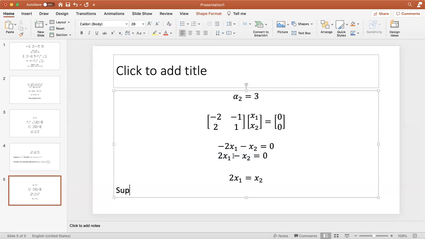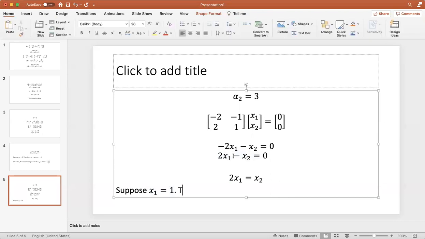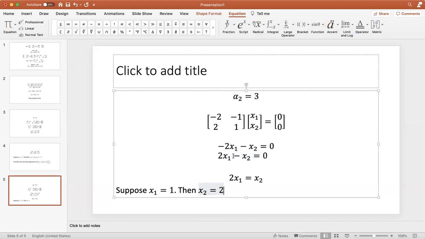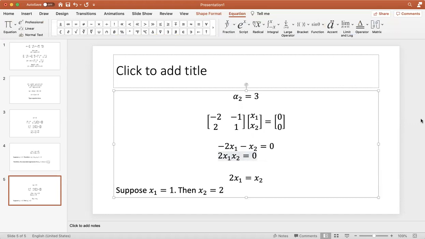If I assume x1 to be equal to 1, then x2 must be equal to negative 2.